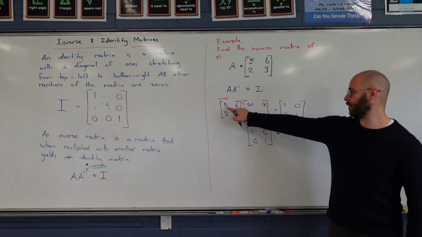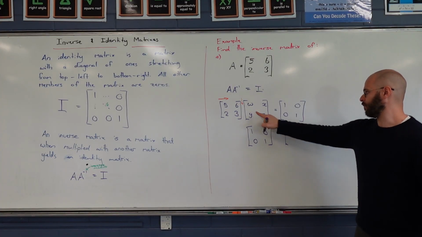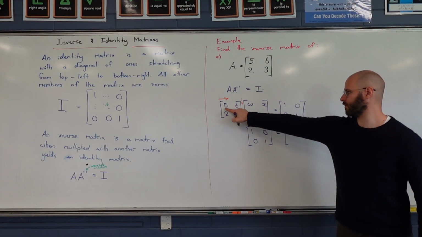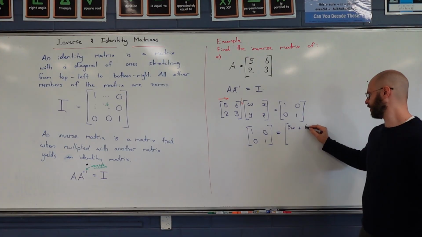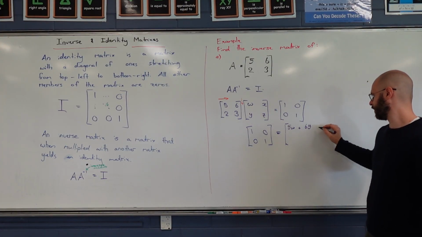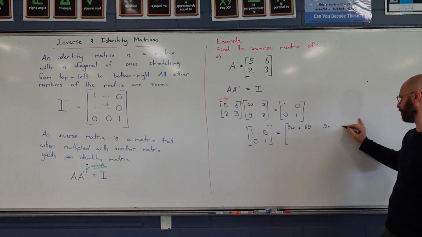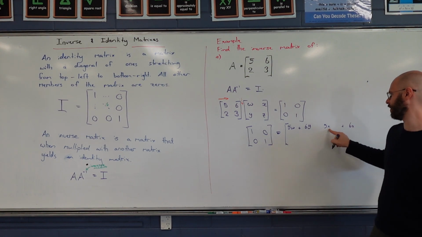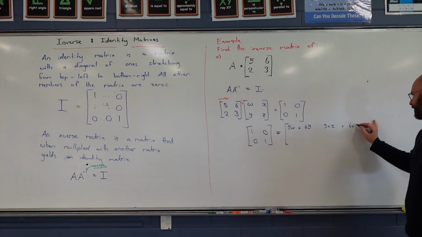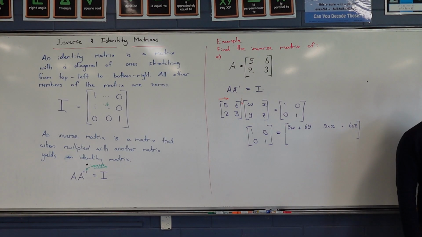So I start off with the top left, which is 5. Then I multiply it with W plus, moving across, 6 multiplied by Y. Next one, 5 multiplied by X plus 6 multiplied by Z. First row done.